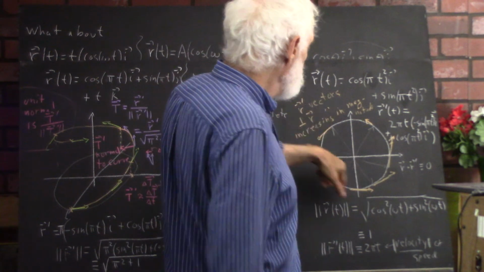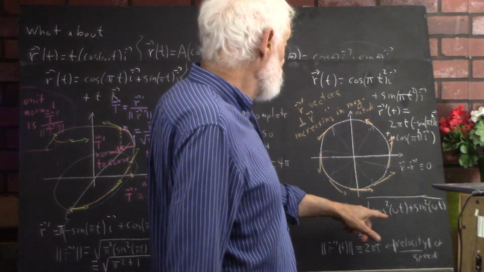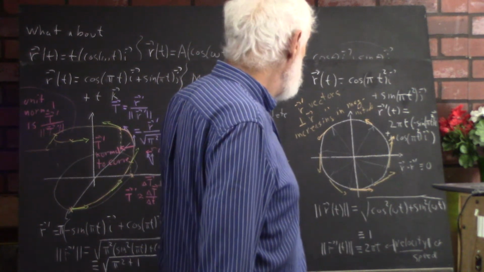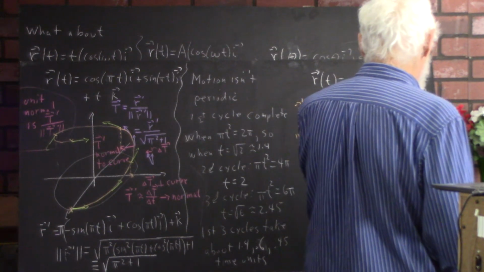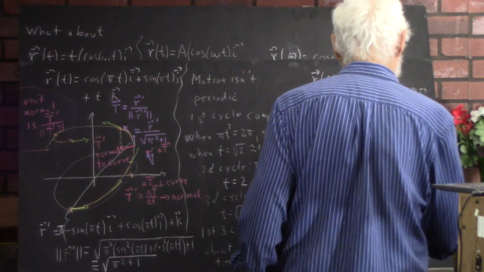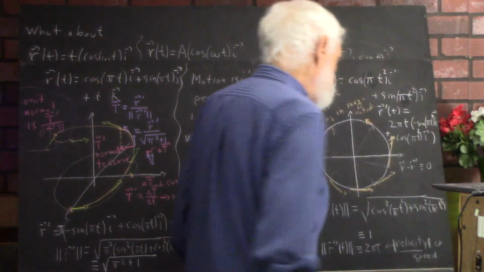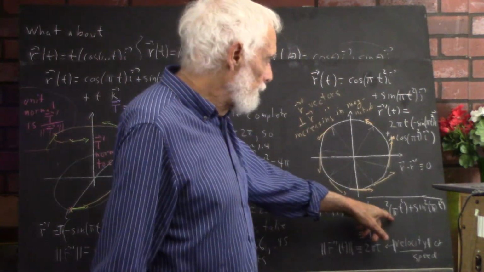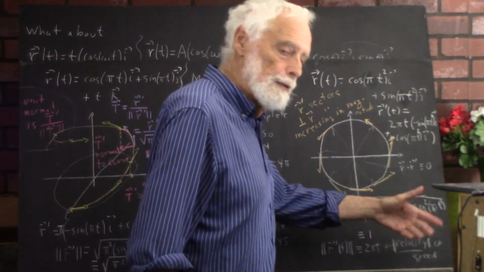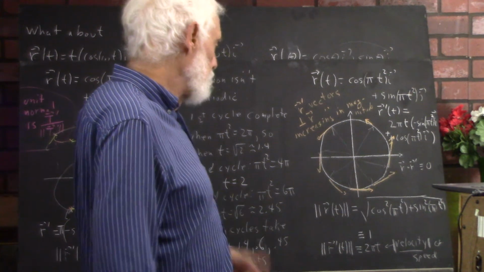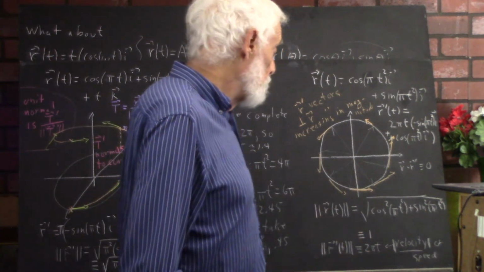Well, we're moving on the unit circle because the magnitude of r is just the square root of the cosine squared of, I've got omega t here, let me fix it. In this case it would be pi t squared. Well, that's the square of a cosine plus the square of a sine of the same angle. Pythagorean identity, it's 1. The square root of 1 is 1. So the magnitude of r of t is 1.